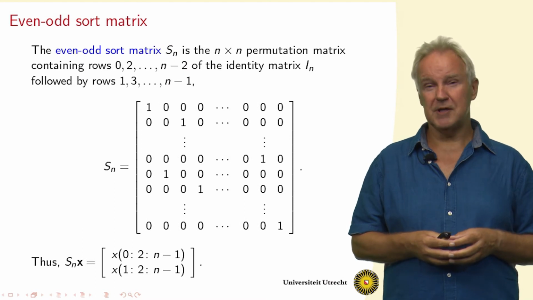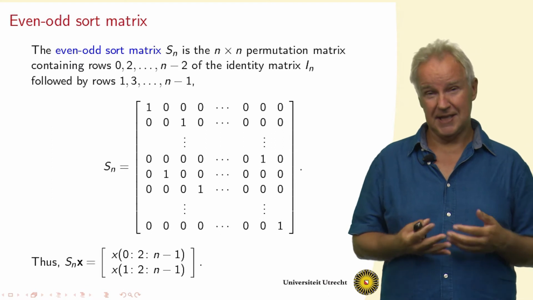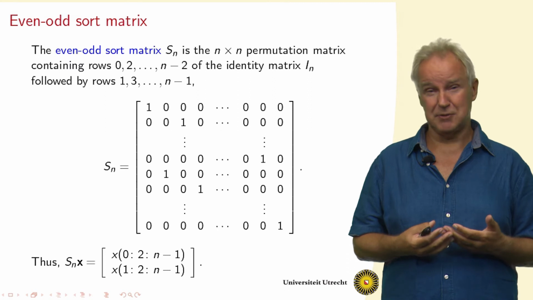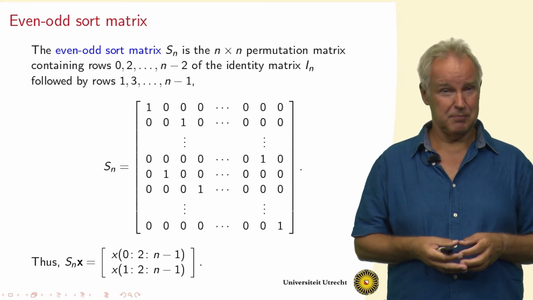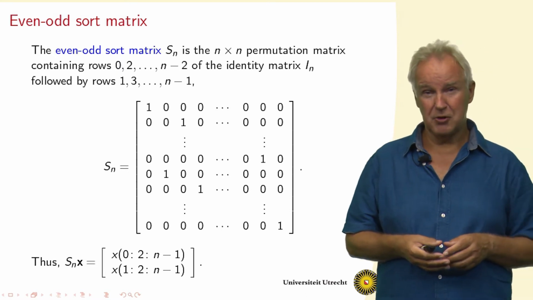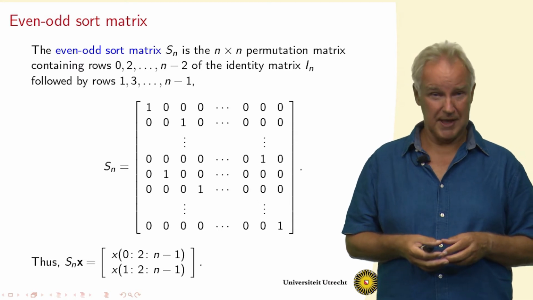And now we want to introduce some more notations to get, in the end, a formula which is as concise as possible and which expresses the recursive algorithm. And for that we need a permutation matrix, so a matrix with in every row a single 1 and in every column a single 1 as well.